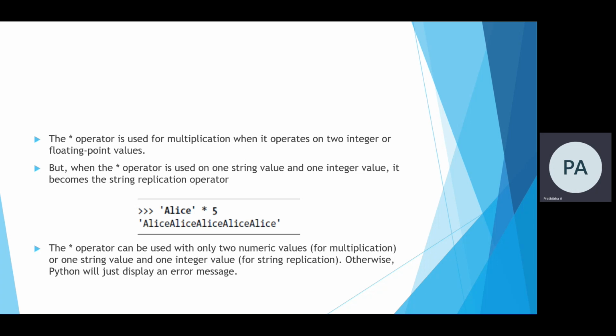But if I use it with a string and an integer, the string will be written as many times as you have mentioned. You can see Alice will be written 5 times. So you are duplicating the same string as many times as the number you mention.